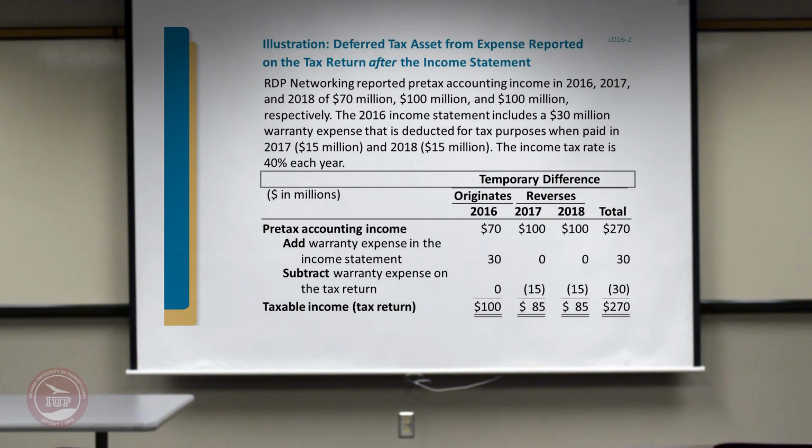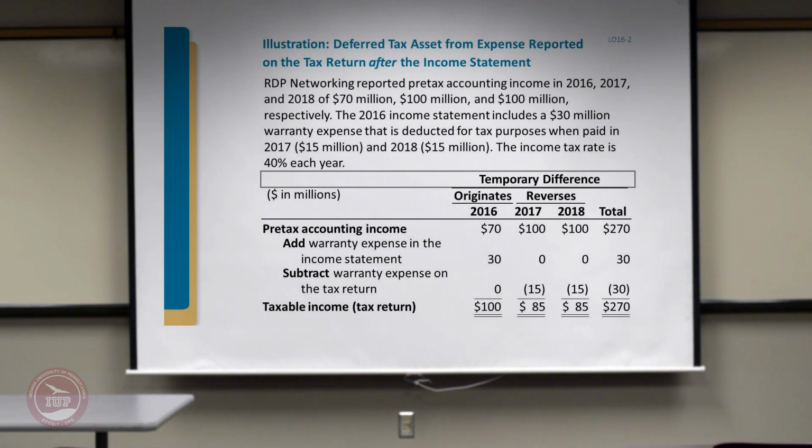They reported the following income in 3 years, 2016, 17, and 18, at $70, $100, and $100 million. The 2016 income includes a $30 million warranty expense that is deducted for tax purposes when paid, $15 million in 2017 and $15 million in 2018. The income tax rate is 40% each year.